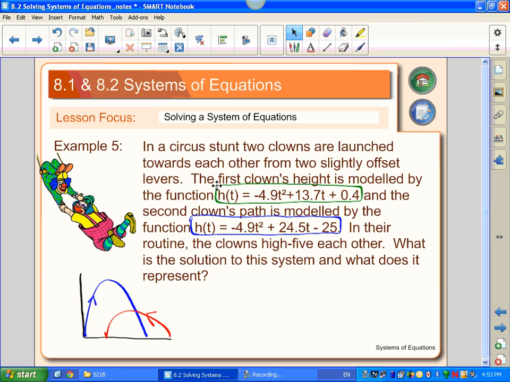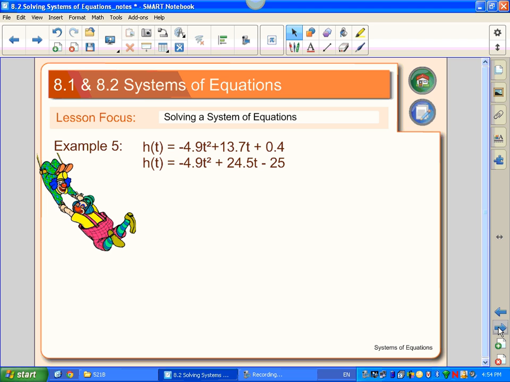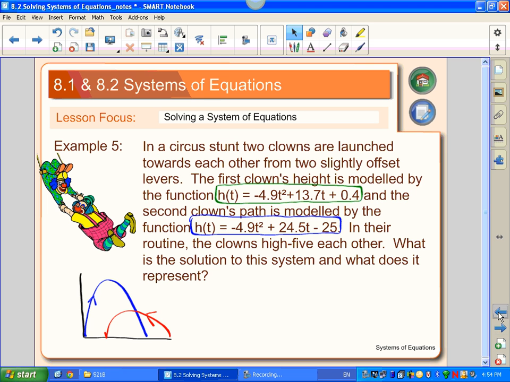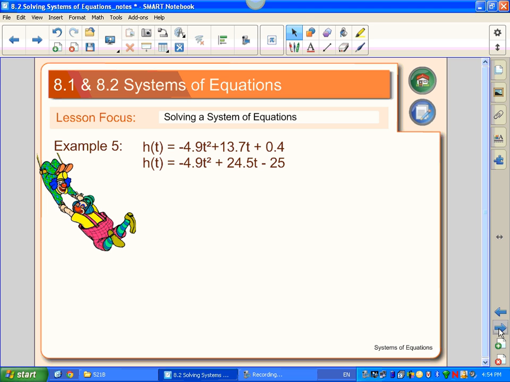So it would look something like this. Here are the equations algebraically. We have an idea from our graph that they're hitting in one point, and from the context, we knew that. This is set up nicely for elimination.